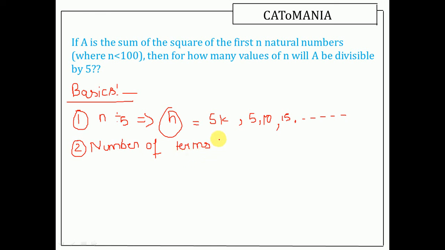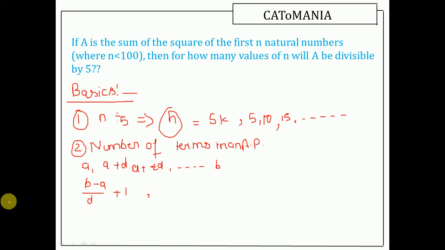Suppose there is an arithmetic progression that starts from A and has a common difference of D and continues till B. So the number of terms in such an AP will be (B minus A) upon D, plus 1. You can remember it like this: last term minus first term divided by common difference, plus 1.